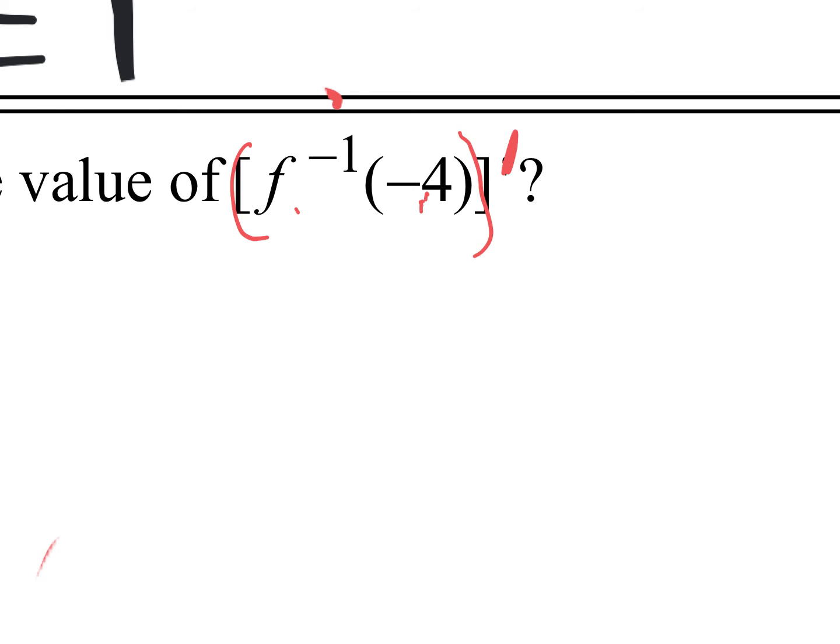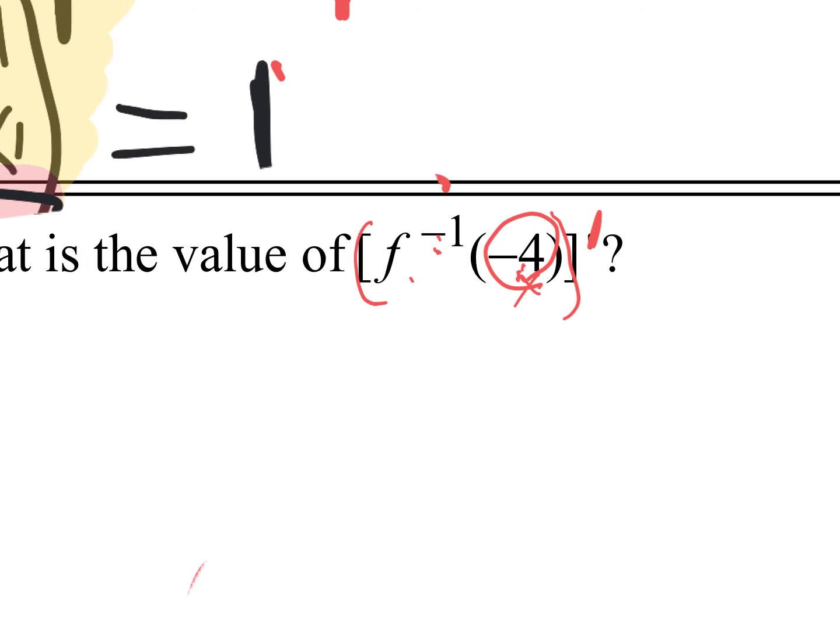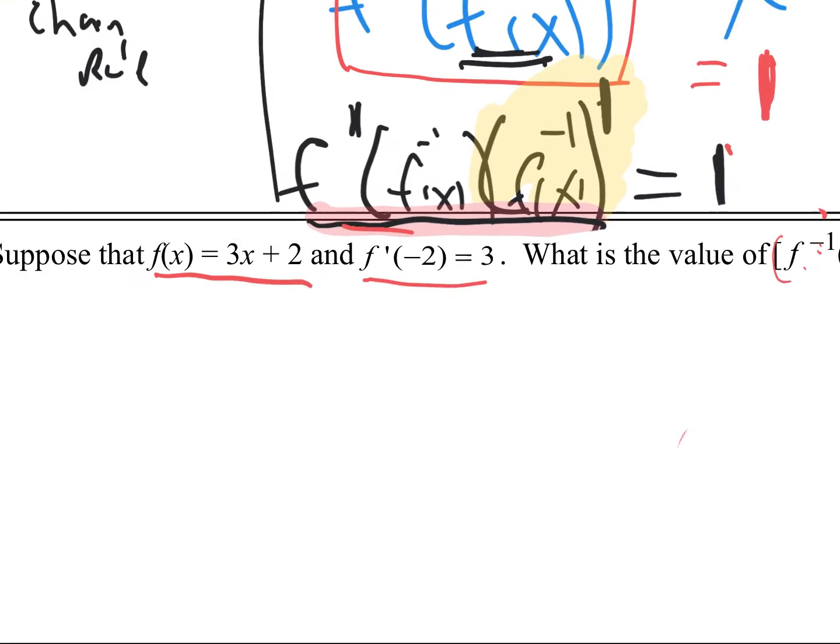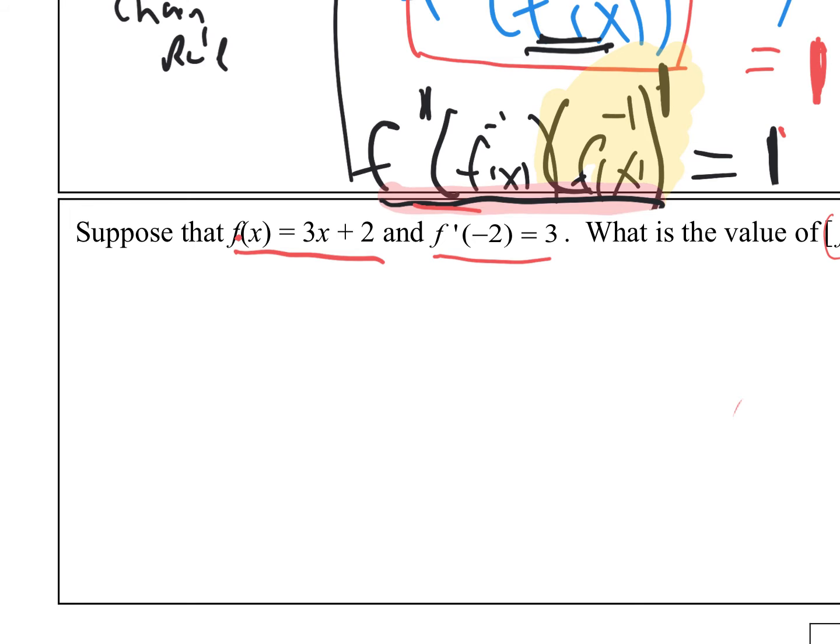Now, you think that stands for x, but it doesn't. That's an inverse. This number really means y of my original function. So the y value must be -4.